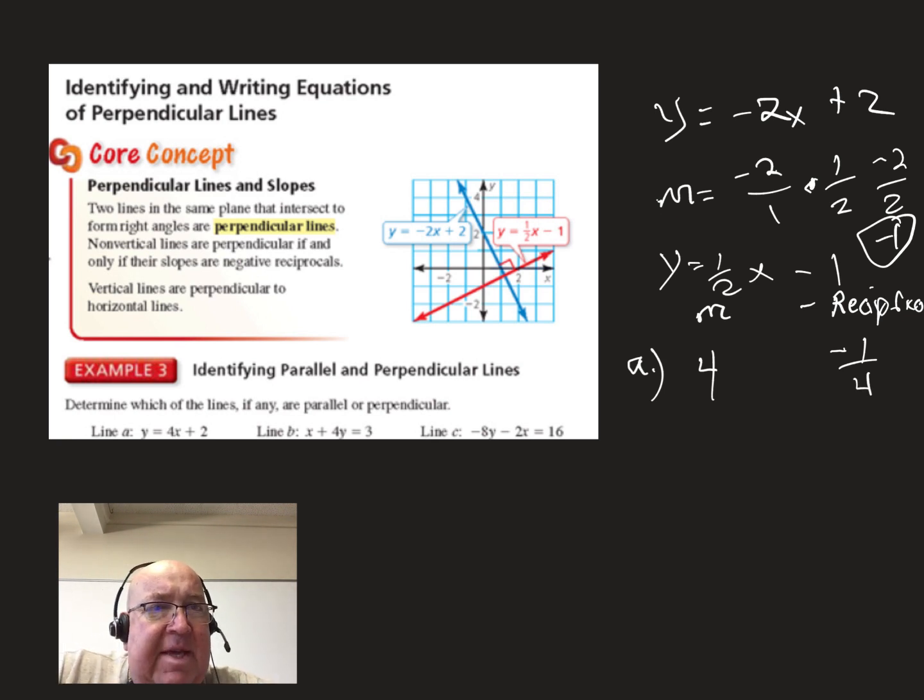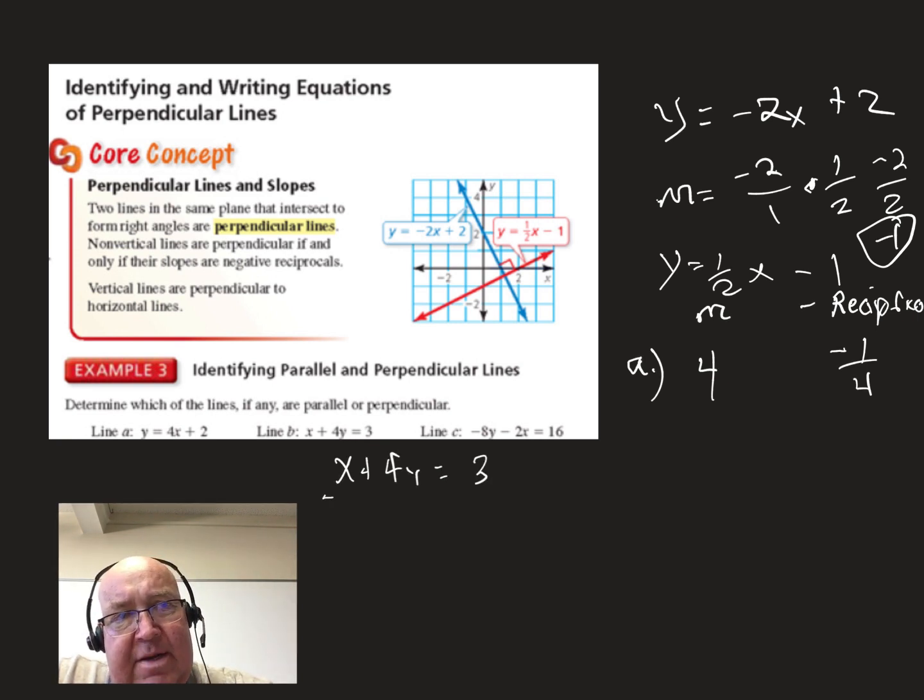All right, line B, we're going to have to solve it for y. x plus 4y is equal to 3. We're going to subtract x from both sides. We're going to get 4y is equal to negative x plus 3.